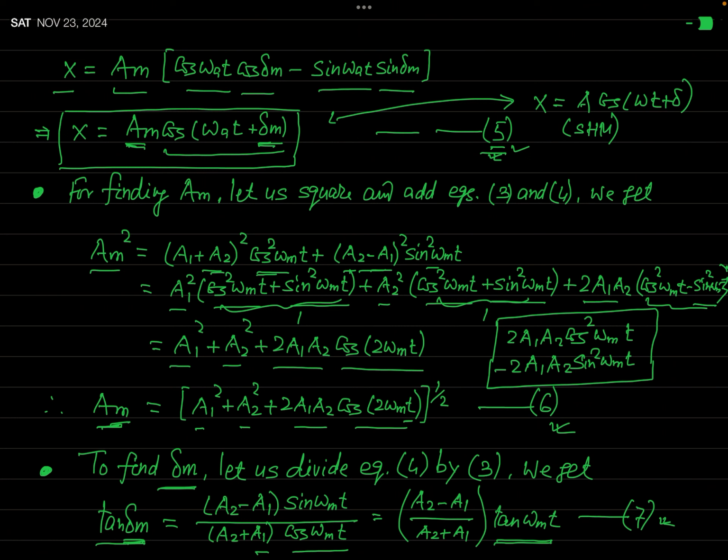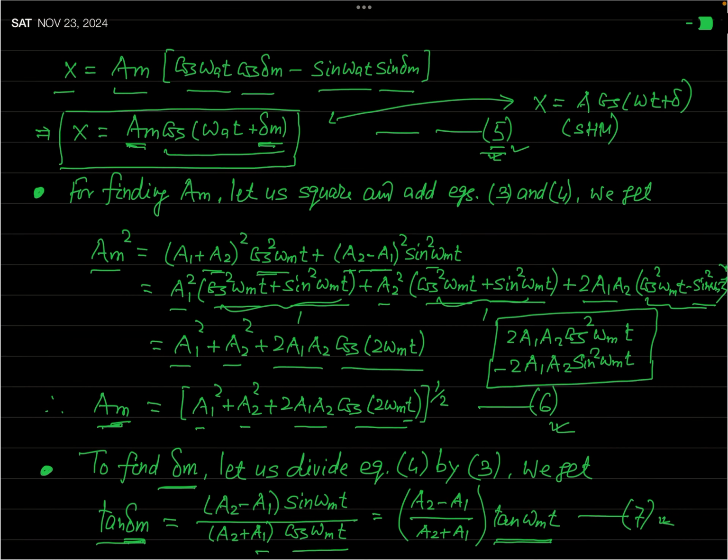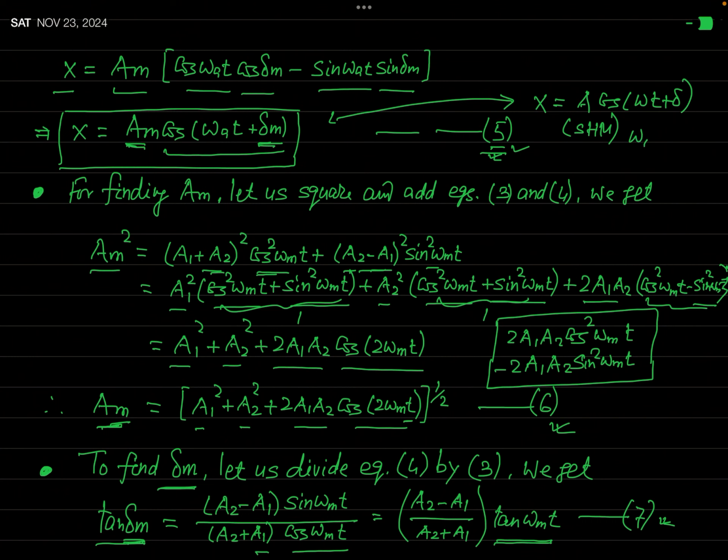But the resulting oscillation is not simple harmonic, it is only periodic. I have told you in my previous videos that not all periodic or oscillatory motions are simple harmonic. So when omega_1 and omega_2 are different from one another and their difference is very large, after the superposition of two collinear simple harmonic oscillations, we do not get a simple harmonic oscillation. This is a very remarkable, very interesting fact.